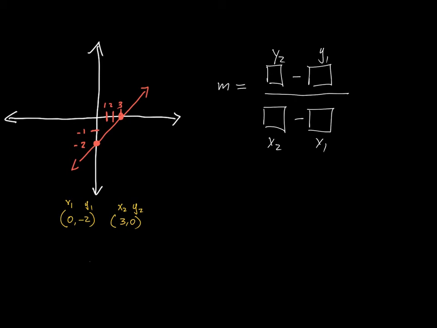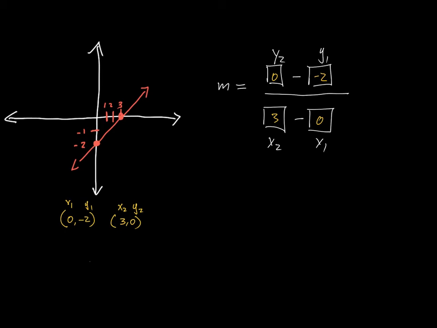Now the only thing you need to do is plug it in. So y2 is going to be 0. y1 is going to be -2. x2 is going to be 3, and x1 is going to be 0. Okay? Now the only thing you need to do is solve it.